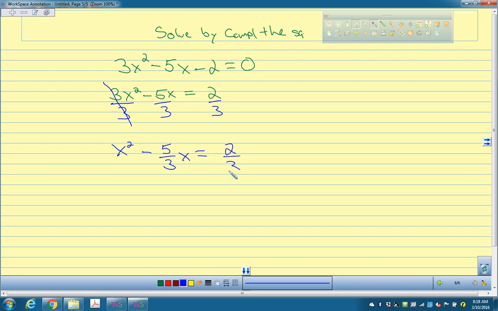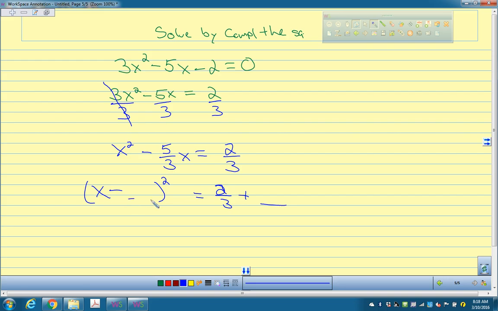I know you hate fractions, but you can use a fraction calculator if you're really confused with the fractions. Okay? So now I rewrite this as this, and now I complete the square. X minus something squared equals 2/3 plus something.